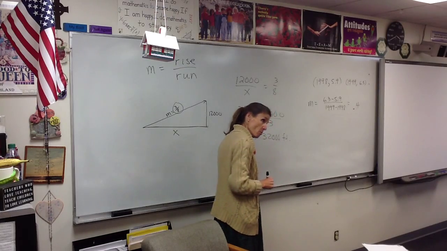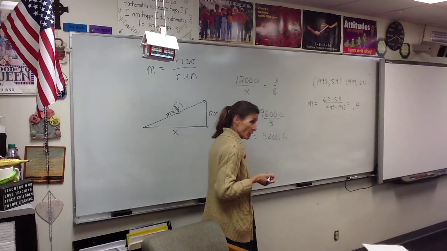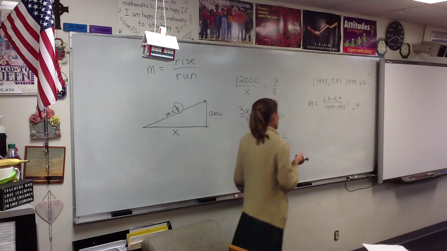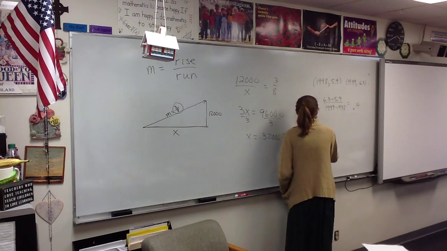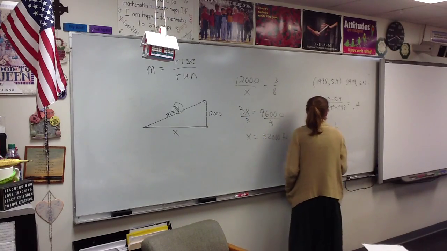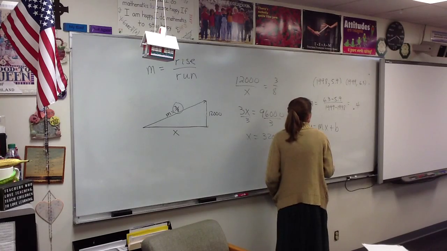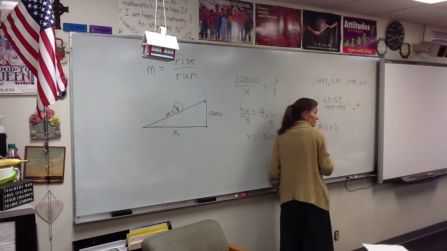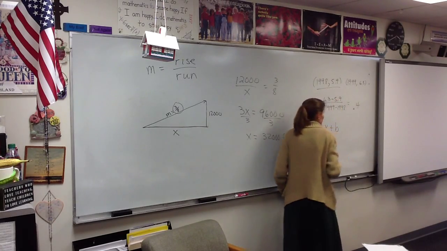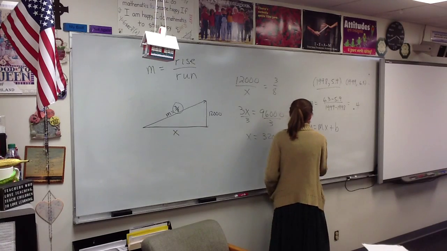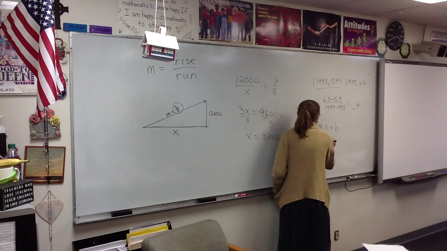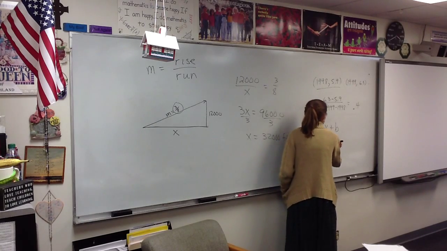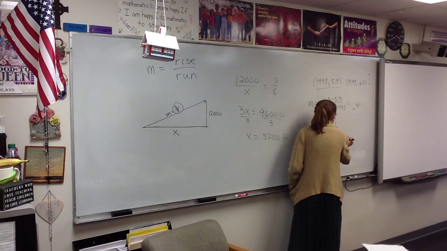I can either do point-slope or slope-intercept. Which do you like best? Slope-intercept. So y equals mx plus b. I can use either point. I'll just go ahead and use this one because the numbers are smaller. So 5.9 equals 0.4 times 1998 plus b.